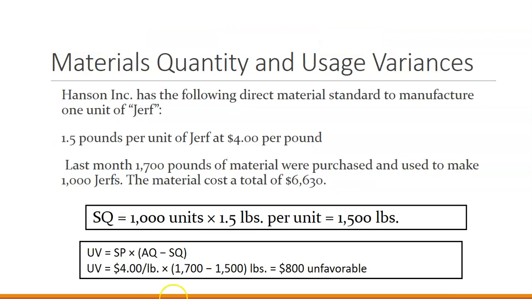For our quantity variance, we should have used 1,500 pounds. We have a standard of 1.5 pounds per unit, and we made 1,000 units. We actually used 1,700 pounds. So we used 200 more pounds than allowed for standard production, which gives us an $800 unfavorable quantity or usage variance for direct materials.